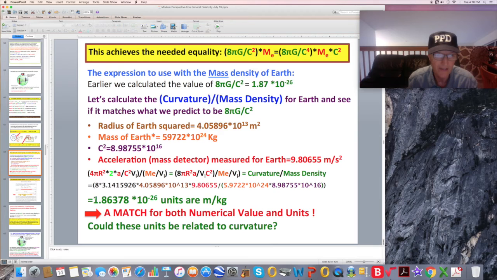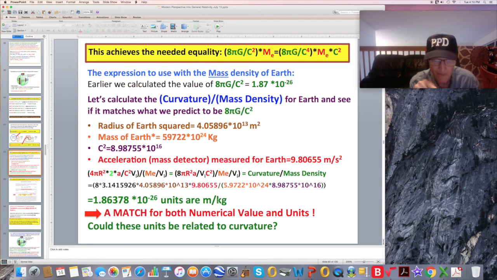What I get as the result, 8 pi G over c squared, is 1.86378 times 10 to the minus 26 meters per kilogram.